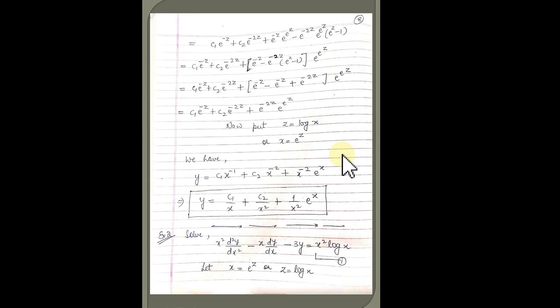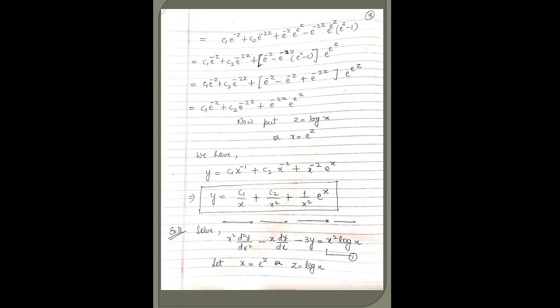And finally we have y equal to c1 upon x plus c2 upon x square plus 1 upon x square e raised to the power x. We'll get the relationship between y and x variables. So this is the approach for dealing with homogeneous type second order linear differential equation with variable coefficient. Okay, thank you.